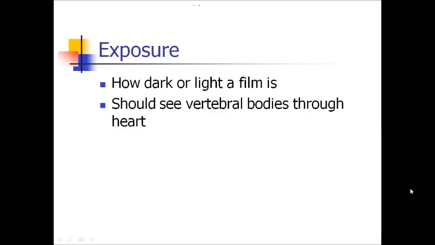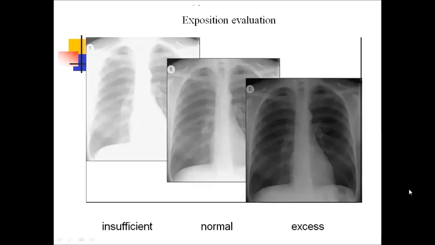Exposure shows how dark or light a film is, and in normal exposure you should see vertebral bodies through the shadow of the heart. You may compare that in normal exposure all structures, such as bones, middle shadow, and lung fields with details of lung patterns, are present.